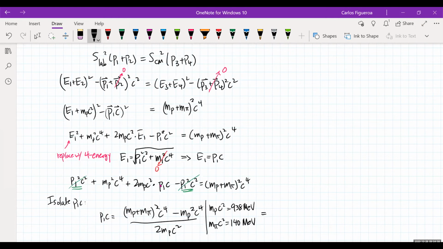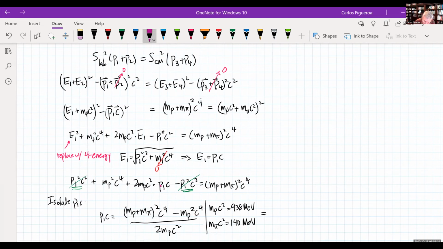What I should have done is I should have written MP C squared, M pi C squared squared. So this is not the same as that. It should have been a squared term if I wanted to keep it there.